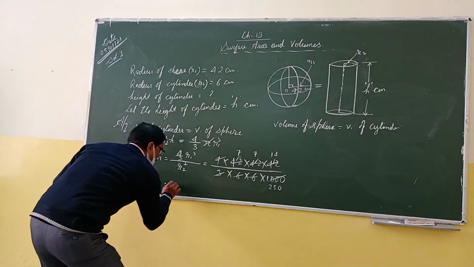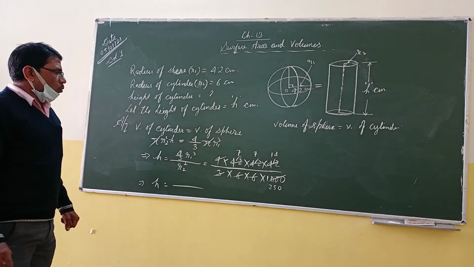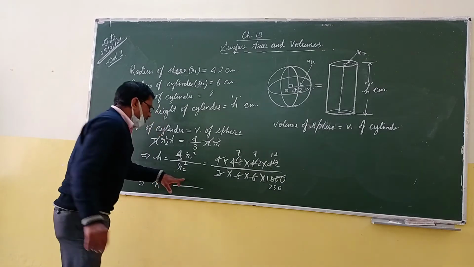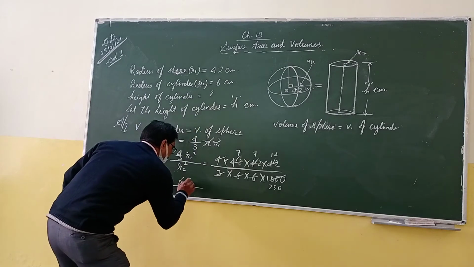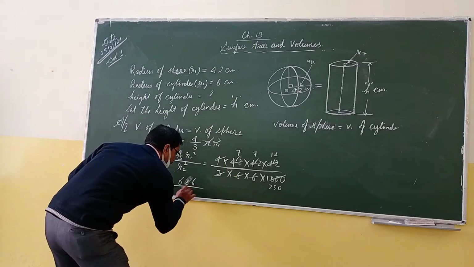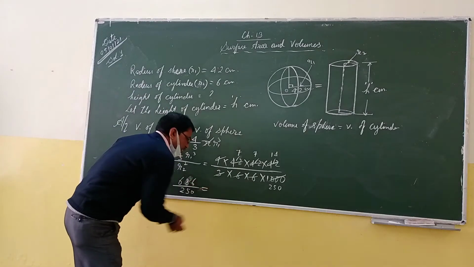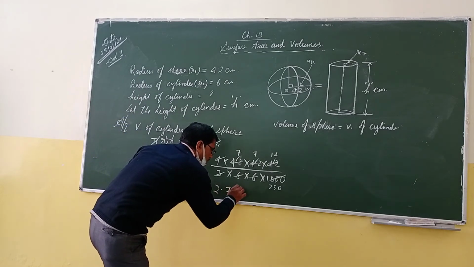Now h is equal to, multiply students, 2.74. So it is coming now. This side is what? 686 by 250. So now our answer is coming here, 2.74.